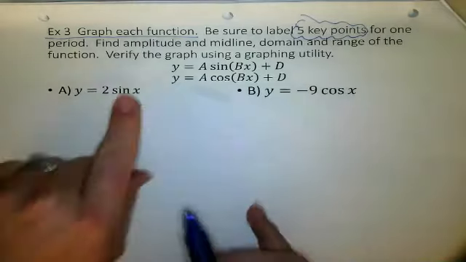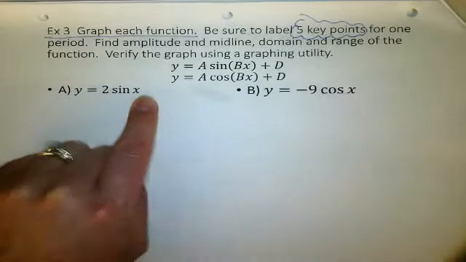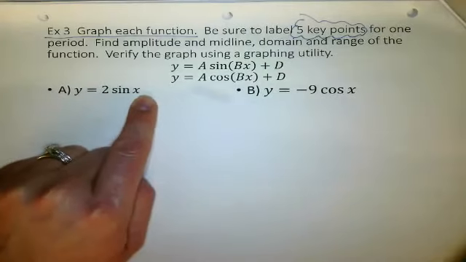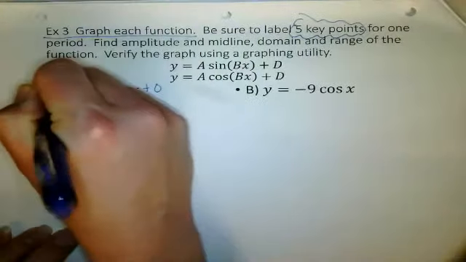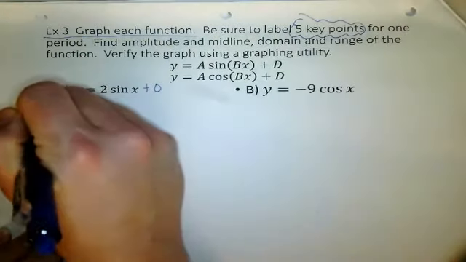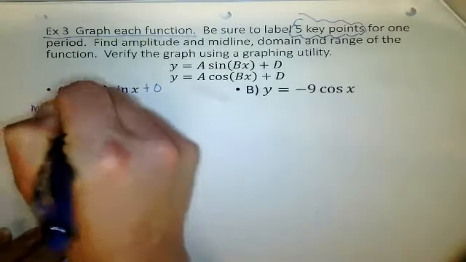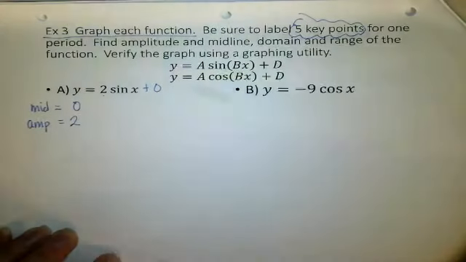All right, so we have our regular sine function here. We have a 2 out in front. What's the number on the end? 0. So our midline is 0, and our amplitude, in this case, is the number in front. That's the 2.